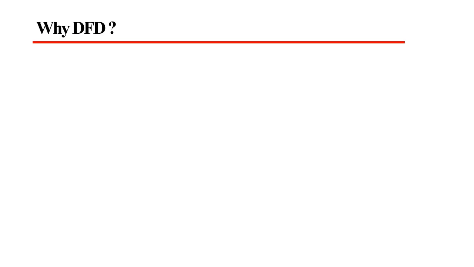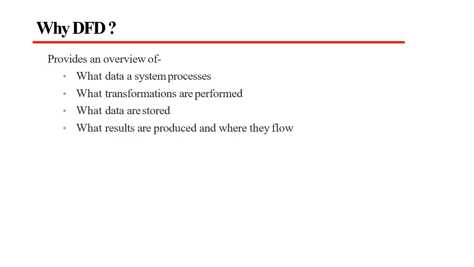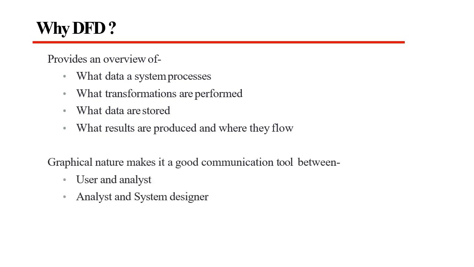Next, why is this data flow diagram required? It provides an overview of what data a system processes, what transformations are performed on that data, and what data are stored in data stores for further processing and for providing the required information to the user, what results are produced and where they flow.